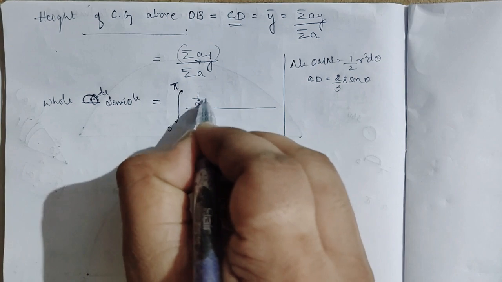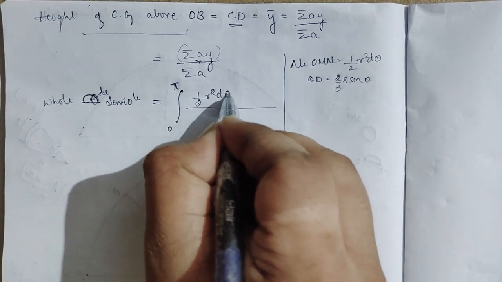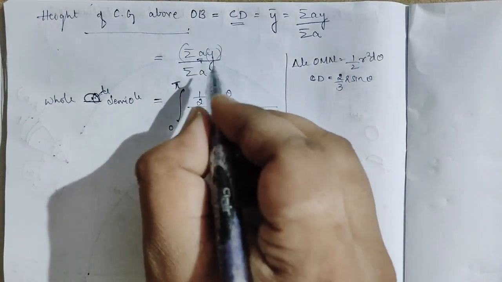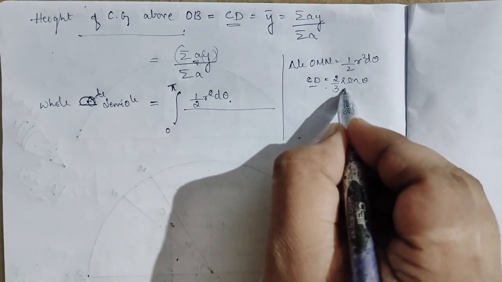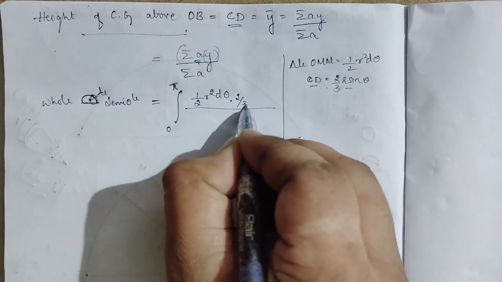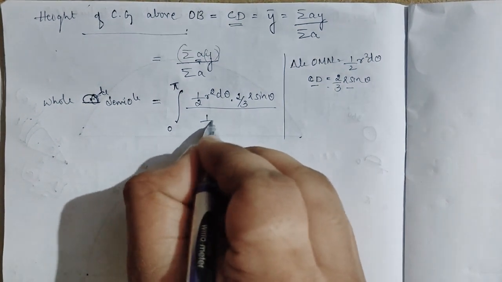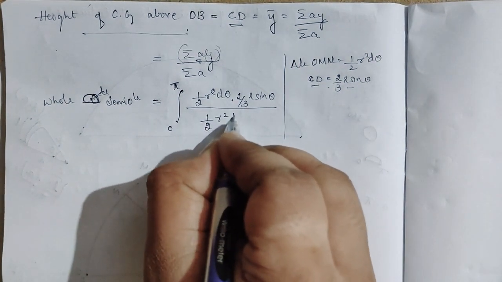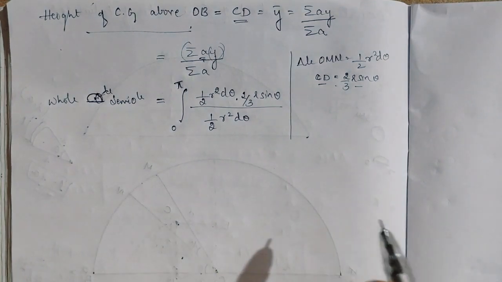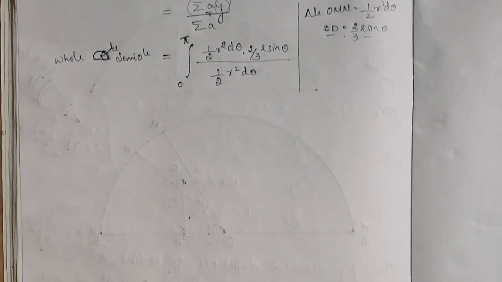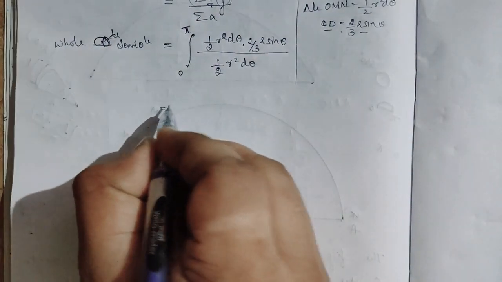Area is half into r square into d theta, into what is y? Y is nothing but CD. CD is nothing but 2 by 3 r sin theta, divided by half into r square d theta. So many elemental strips will be there. We are considering only one to get the answer.